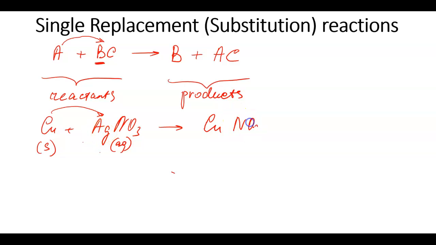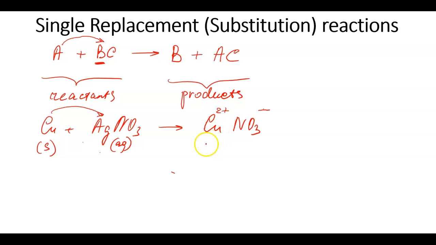And it substituted it. Pay attention, copper here will have a charge of 2 positive, and NO3, according to the solubility chart, has a negative charge, and you know that the number of positive and negative charges has to be the same to cancel each other, because generally compounds are neutral, right?